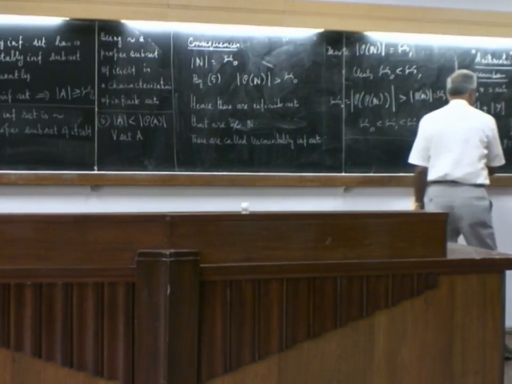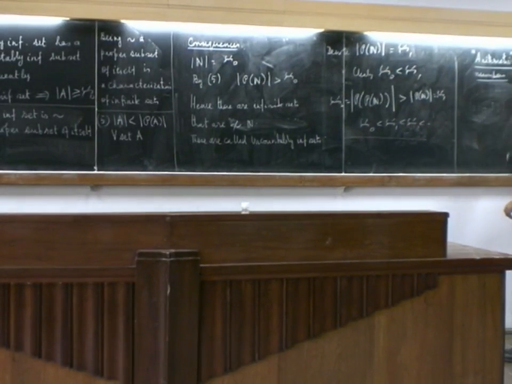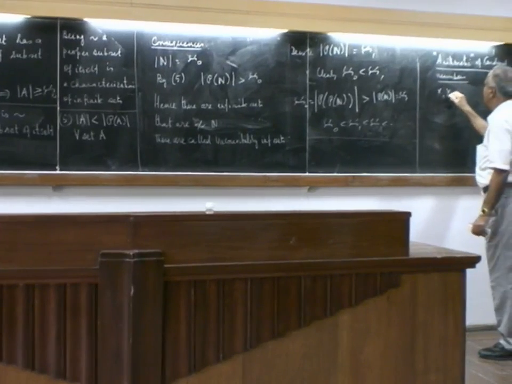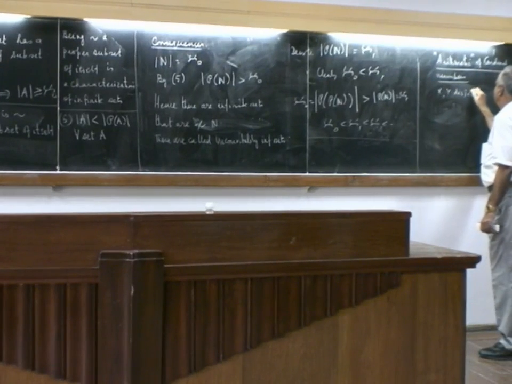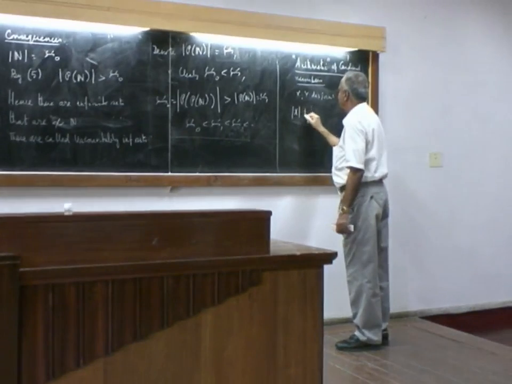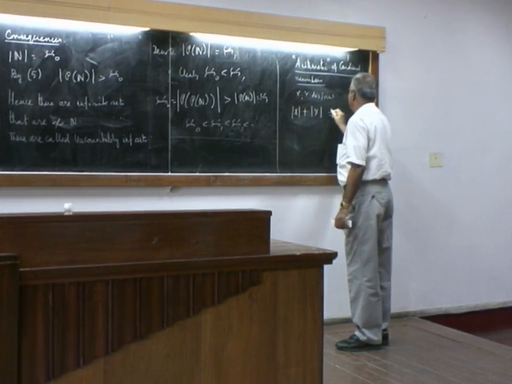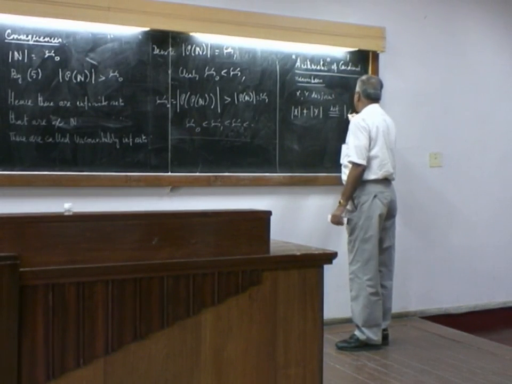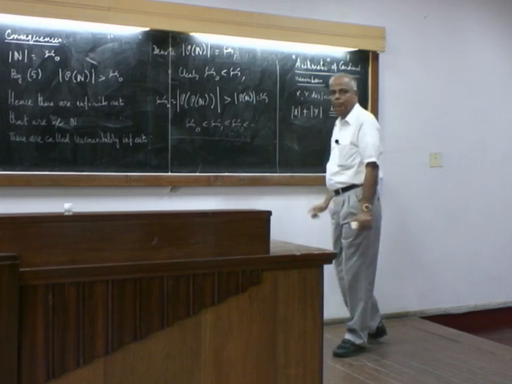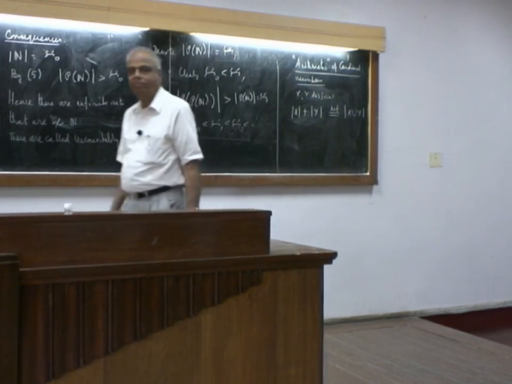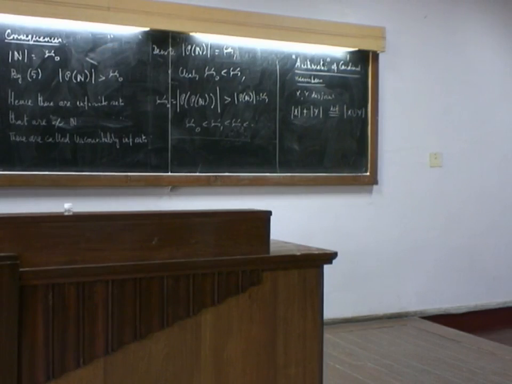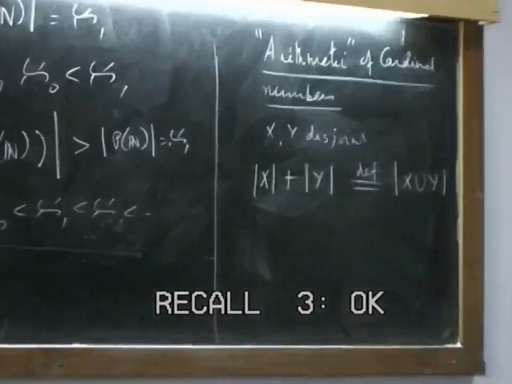We know what it is. So with that in mind, we say x, y disjoint, then the cardinality of x plus the cardinality of y is defined to be the cardinality of x union y. So that's a quick way of defining.